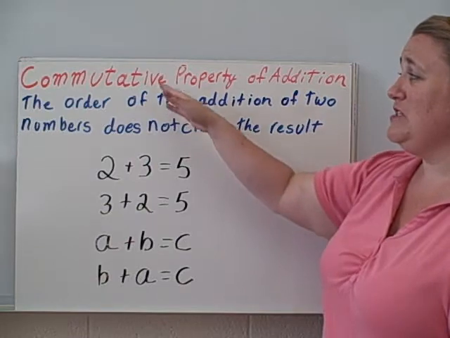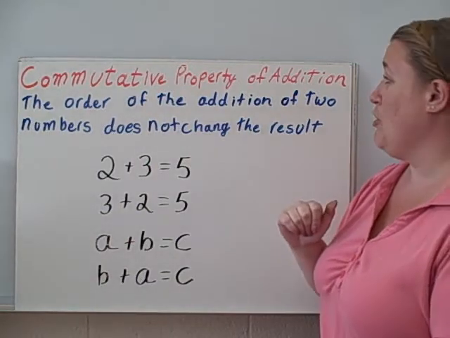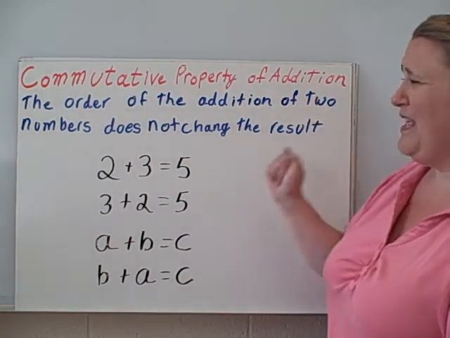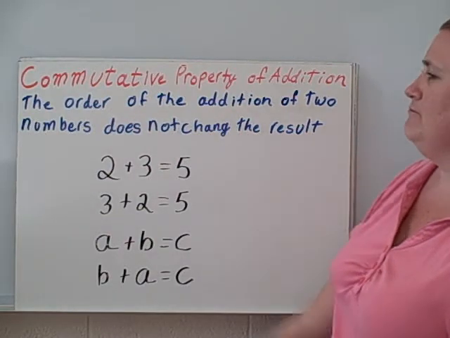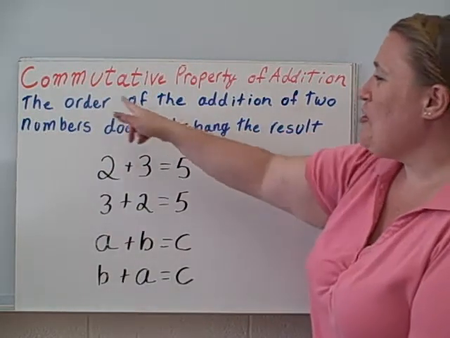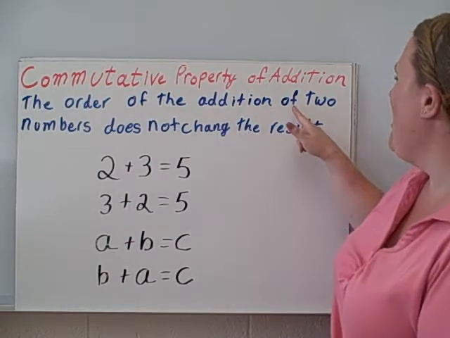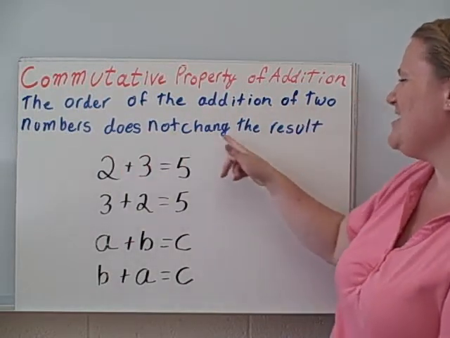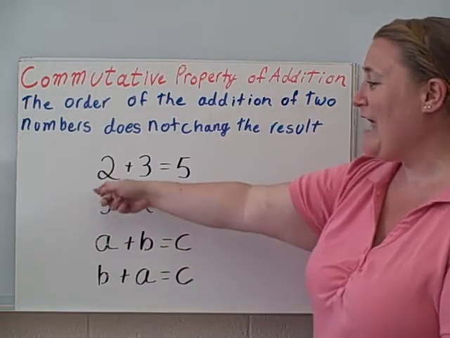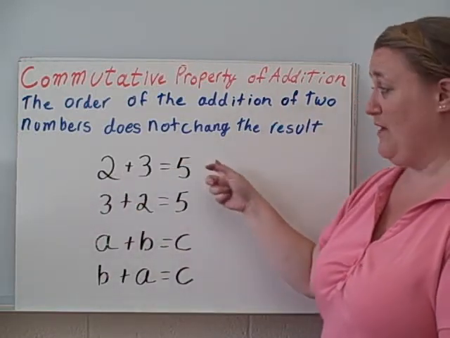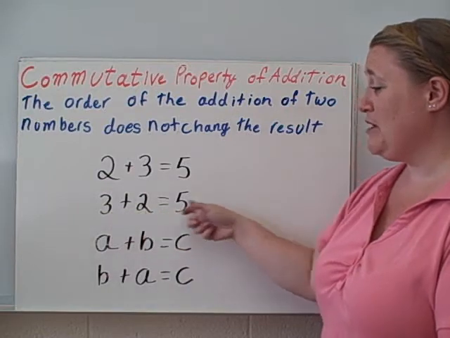We also need to know about the commutative property of addition. The order of the addition of two numbers does not change the result. So all that means is that I can say 2 plus 3 equals 5 and 3 plus 2 equals 5.